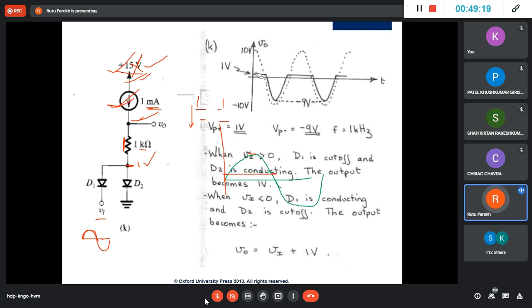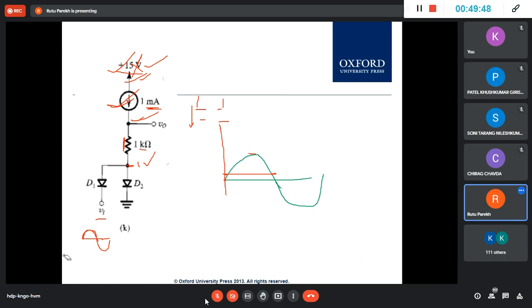So for the positive half, from this 0 it will be 1, and from here up to this 0 it will be 1. Right? And now we will go for the negative half. So now we start with this negative half.